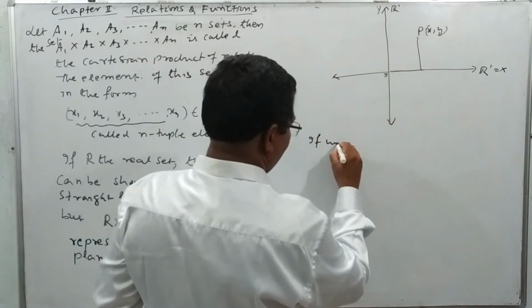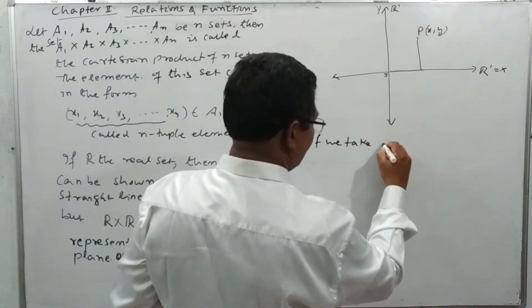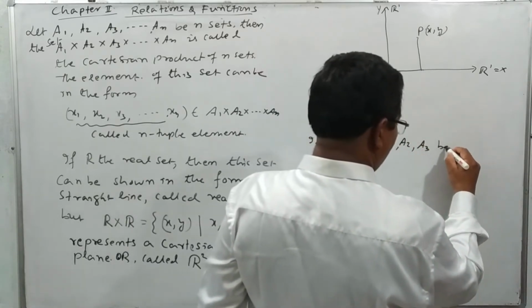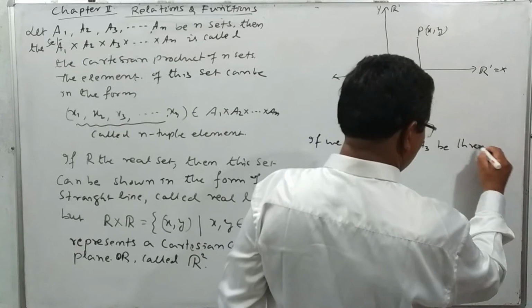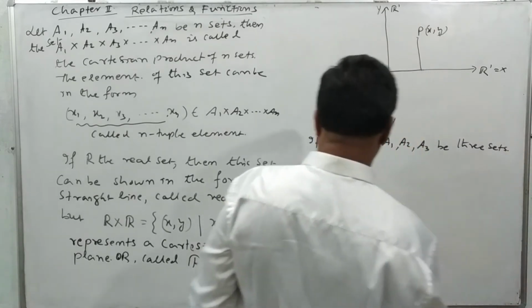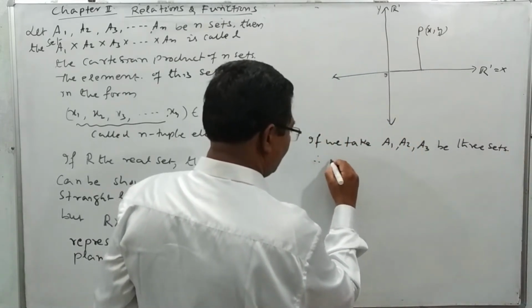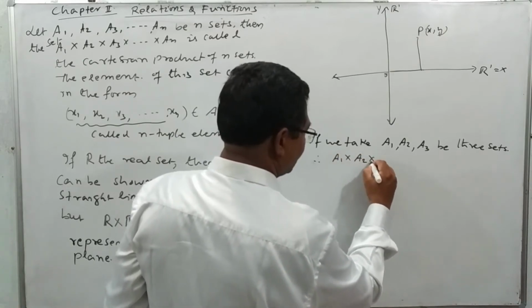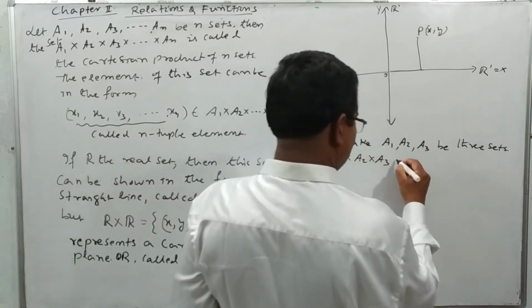If we take A1, A2, A3 to be three sets, therefore A1 Cartesian product A2 Cartesian product A3 is a set.